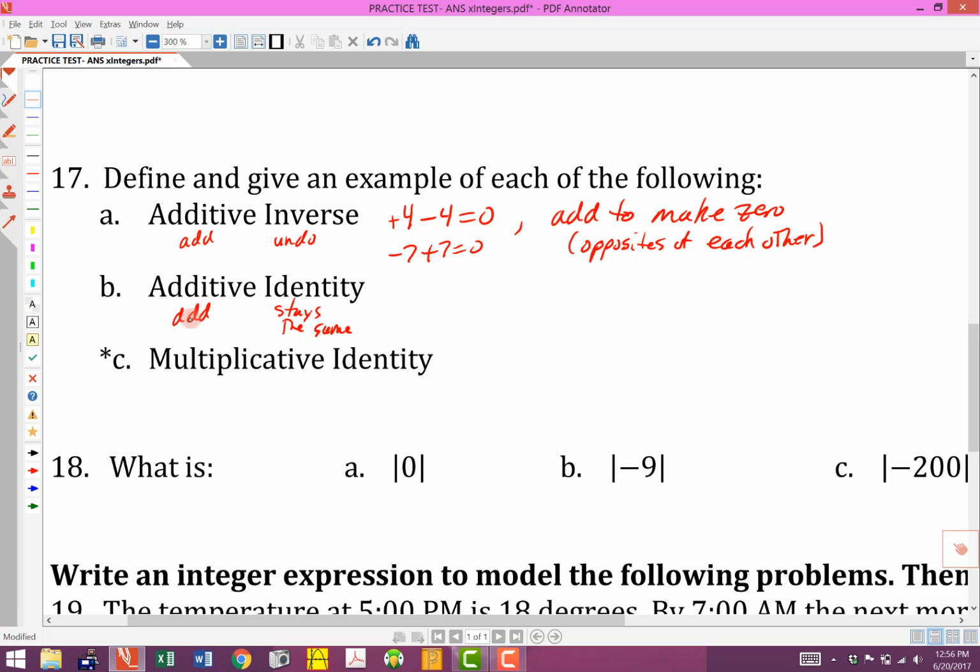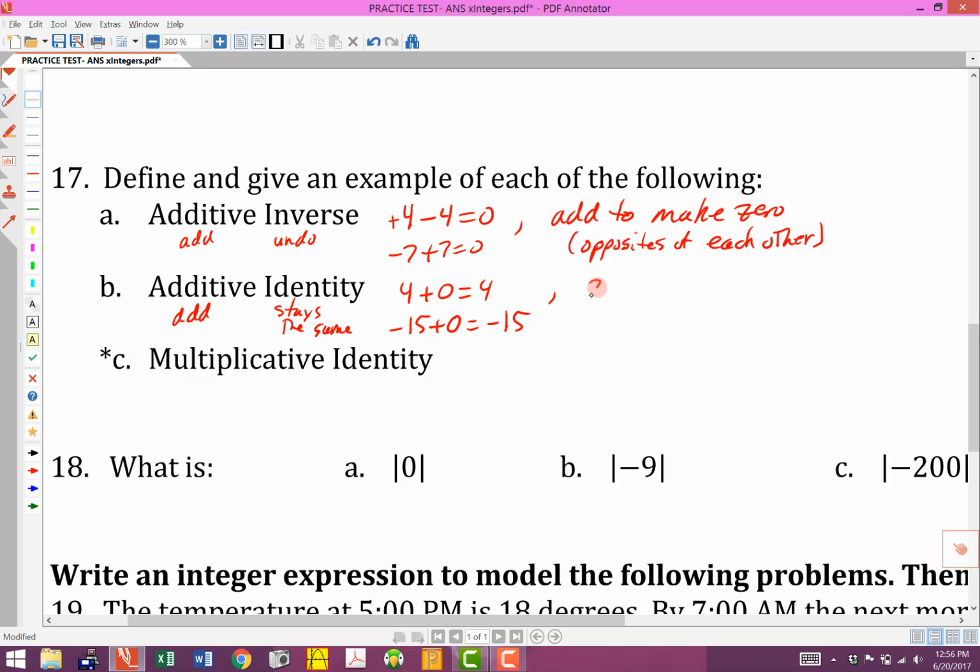Additive identity. What number would we add so that it stays the same? Let's do that 4 again, and let's add, well, we want the answer to be 4. What would we add to make sure the answer stays 4? It would be 0. And let's say we had like a negative 15. If you added 0 to that, it would maintain its identity. It would stay negative 15.